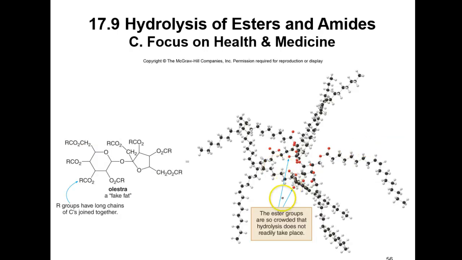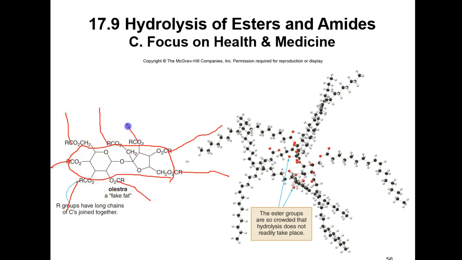Okay, so here's the structure of Olestra. What they basically did is they took a sugar molecule. Notice this molecule right here is sucrose. And then they put these gigantic long R tails all along this sugar molecule. Here's the structure of it. So you can see this is a gigantic fat globule.